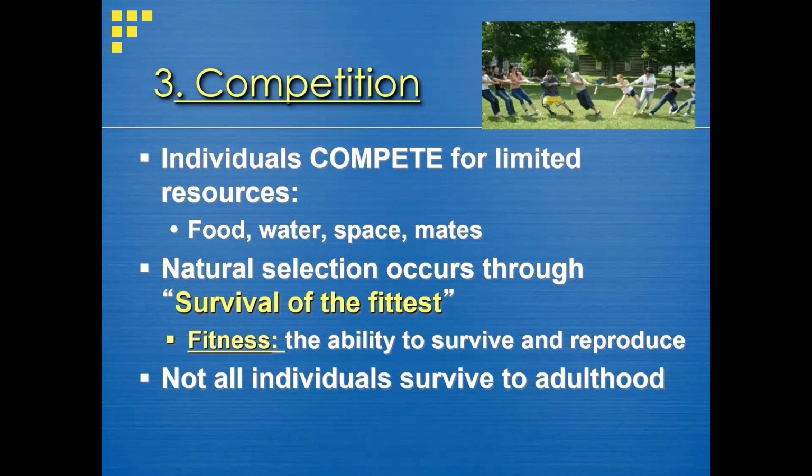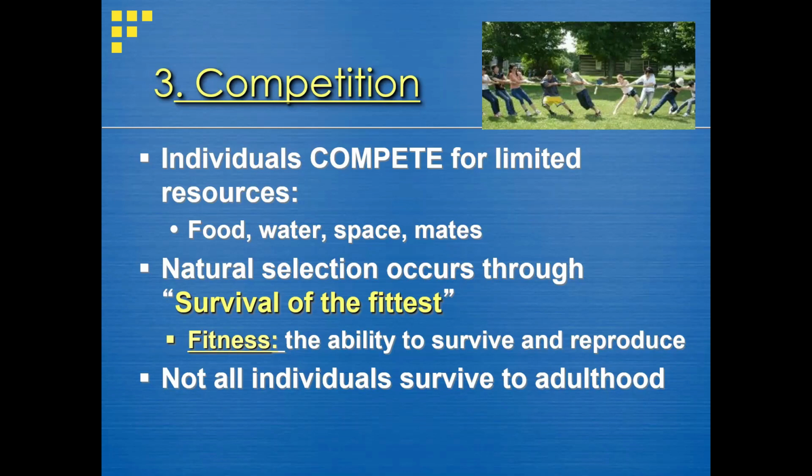Of course, if there is competition, it's not every living organism that will survive to adulthood. Because as a result of that competition, some will compete for water, some will compete for food.